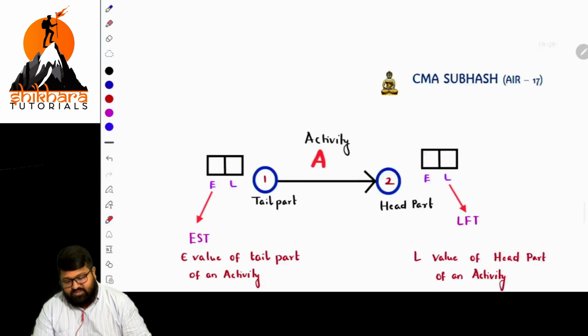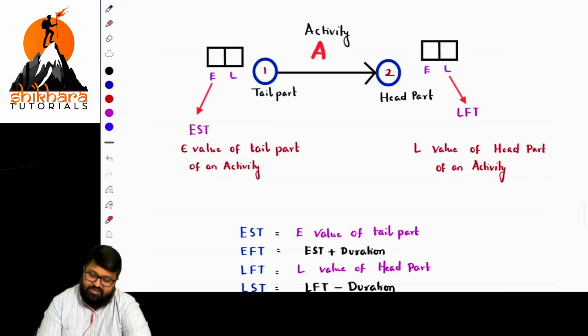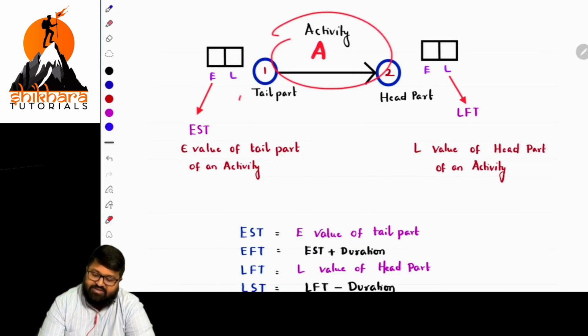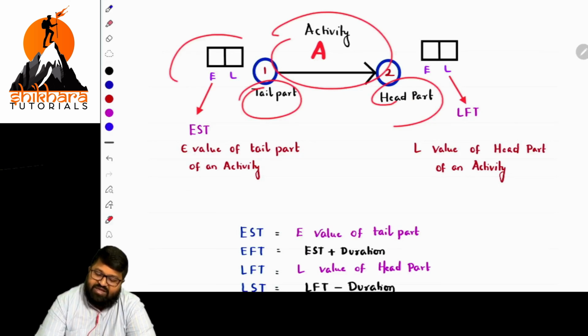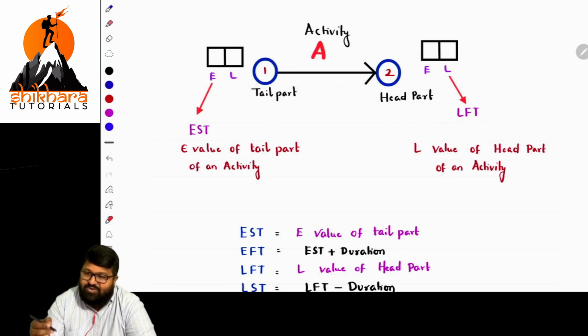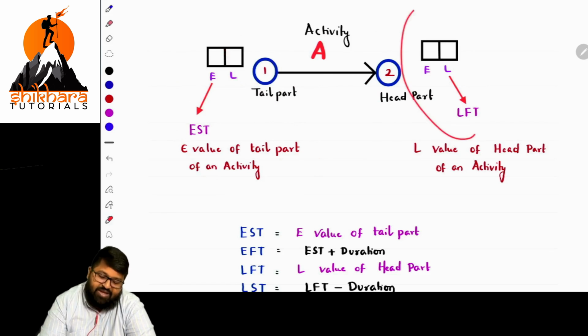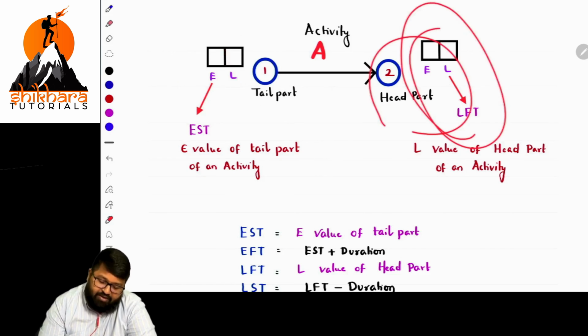Okay, this is clear. If it is clear, I shall solve a problem for this also. But let us go to the basic fundamentals. For an activity, it has a tail part, it has a head part. For the tail part, we will calculate E and L values. For the head part also we will calculate. Normally, when they are asking us to take EST, that is the tail part's E value. When they are asking us to calculate LFT, it is the head part's L value.